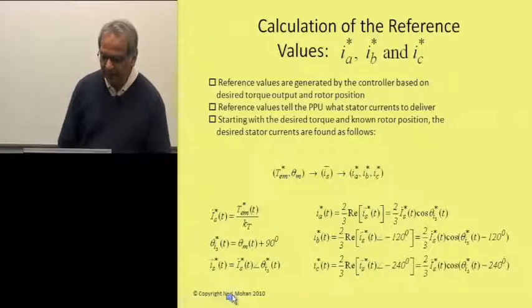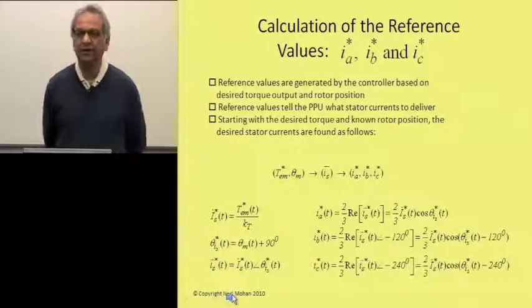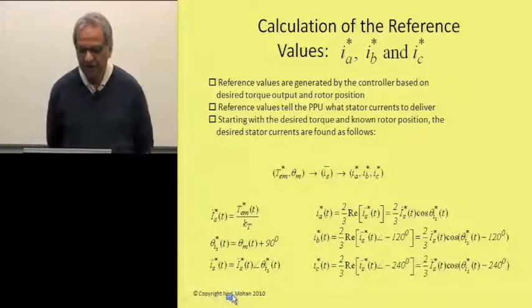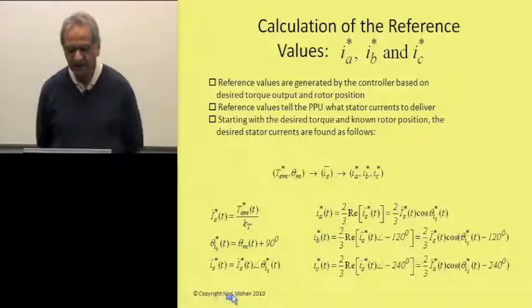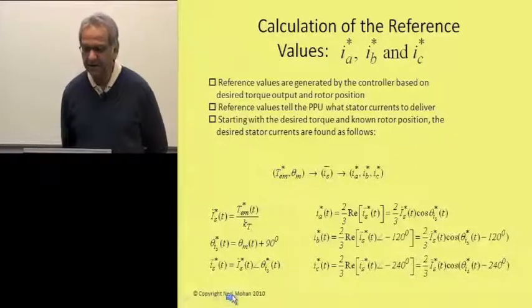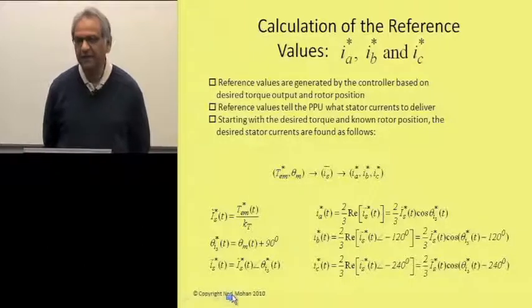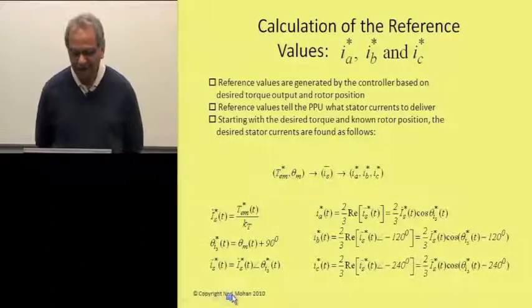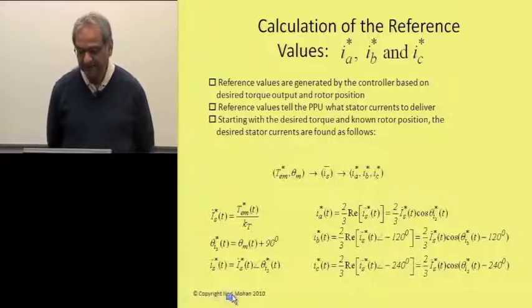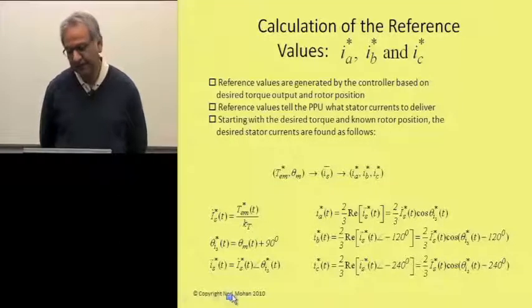So if we wish to exert or derive a certain amount of torque, then we need to know the motor torque constant Kt, and we also need to supply appropriate currents in these three phases at any instant of time, such that this Is vector is 90 degrees ahead of the B sub r vector, and it has the right amplitude.